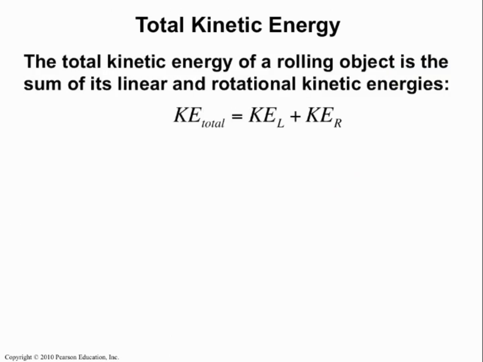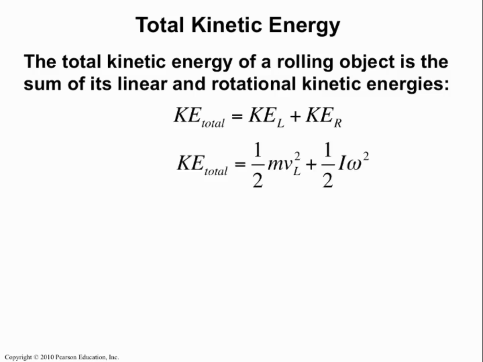Total kinetic energy. The total kinetic energy of a rolling object is the sum of its linear and rotational kinetic energies. So KE total equals KEL, or linear kinetic energy, plus KER, or rotational kinetic energy. Now in Chapter 6, we were really only focusing on KEL, but now that we're talking about rotation, we can widen our horizons and take rotational kinetic energy into account.